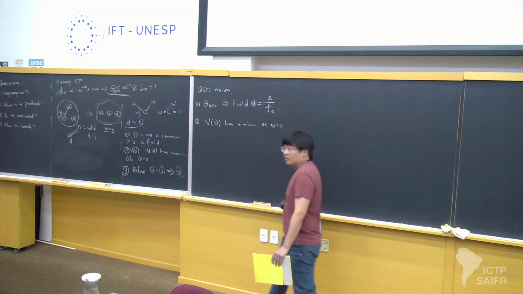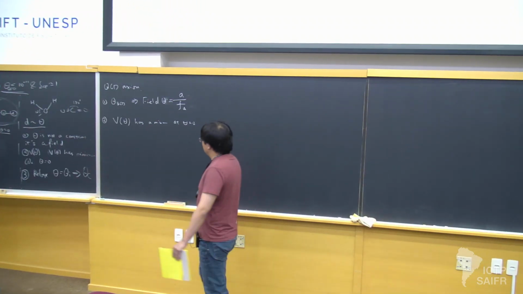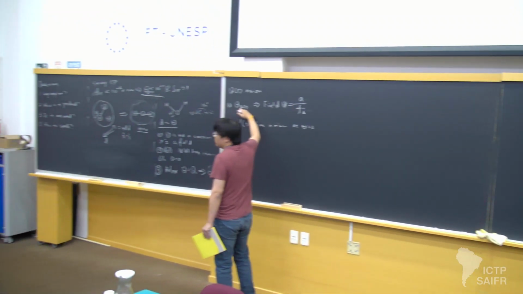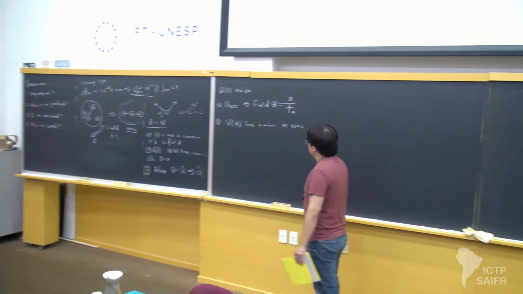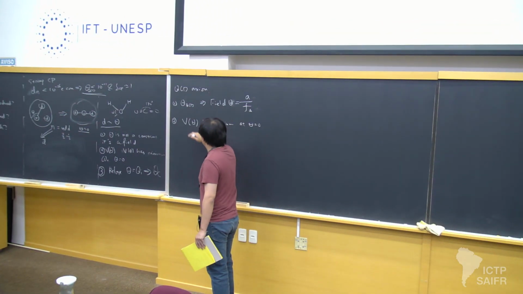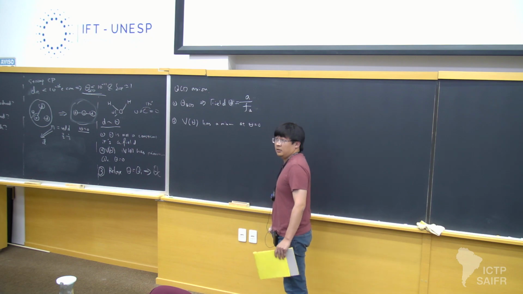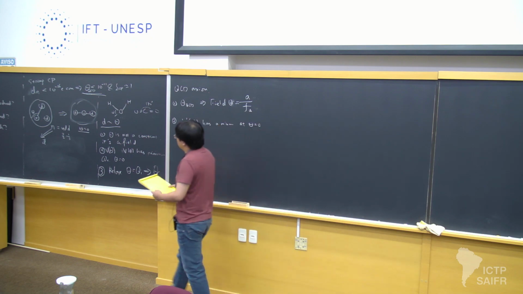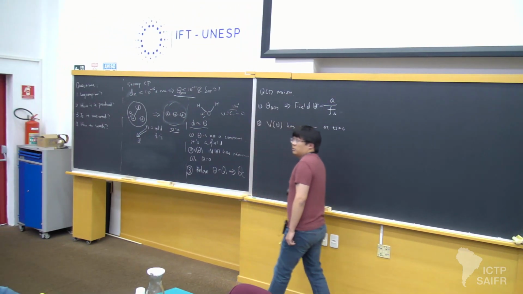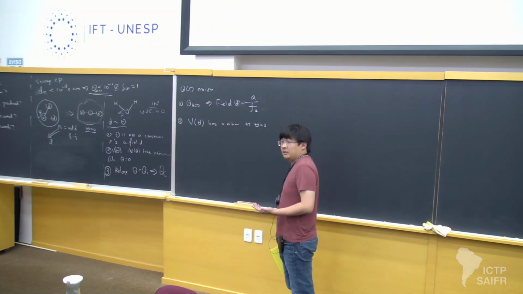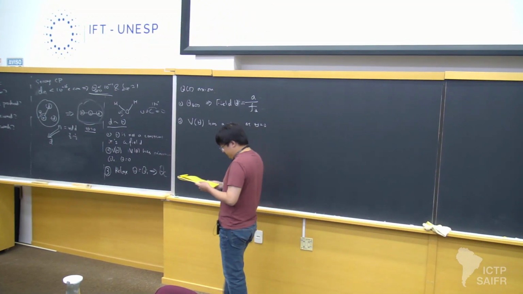Okay? So this is good. What it means is that if I promote this angle to a field, then it wants to relax the theta angle to 0. It wants to relax theta QCD to 0, which is why we didn't observe a neutron dipole moment.